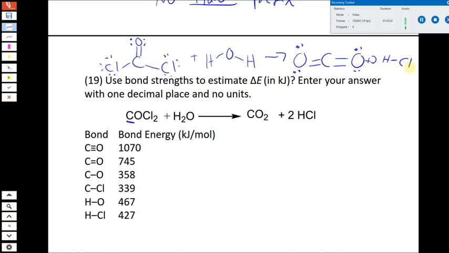All right, so those are all the correct bonds and bond orders that we have, so we have to sum up everything. So we have, on the reactant side first, 1 carbon-oxygen double bond, which is in this reactant here, CO double bond. So we're going to use that bond energy, which is 745 kilojoules.